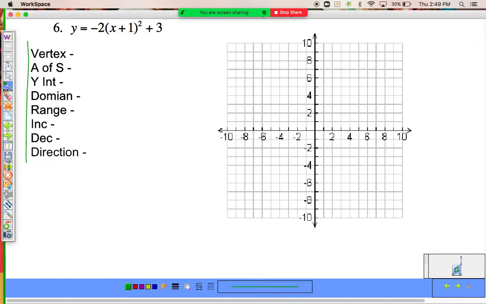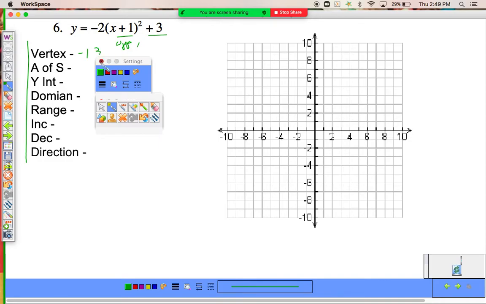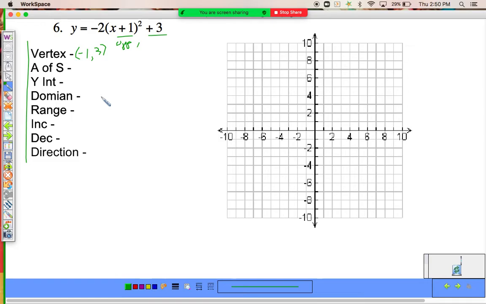All right, find me a vertex, and then find me a direction. And stop there, don't do more. Find me a vertex. We get our vertex from the opposite of the number here, comma, the number here. So I'm going to say negative 1, 3.